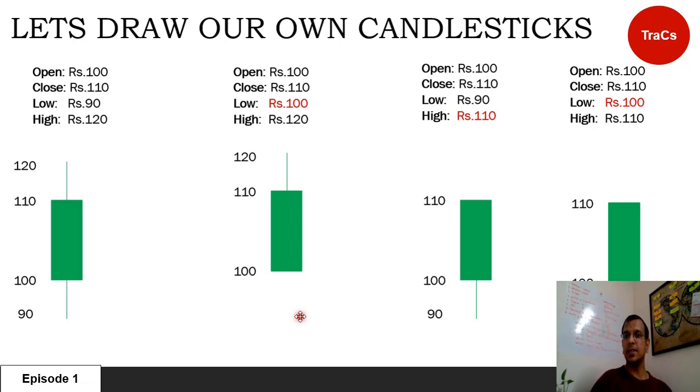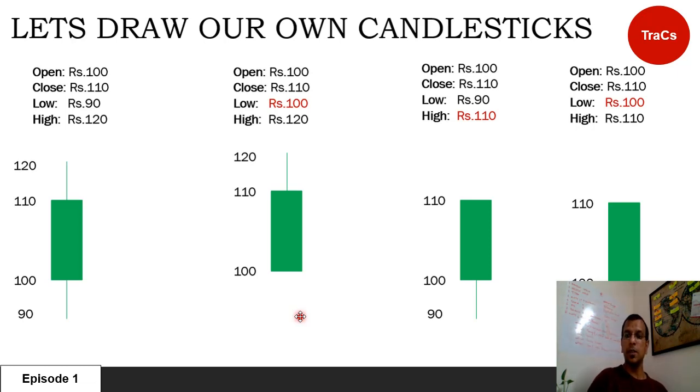Whereas candlestick records 4 parameters for drawing a candlestick, and hence a lot more information is incorporated into these charts, and accordingly a trader can also interpret and take different actions based on what is the low, high and the opening price for the day. We will gradually see how this can be done.